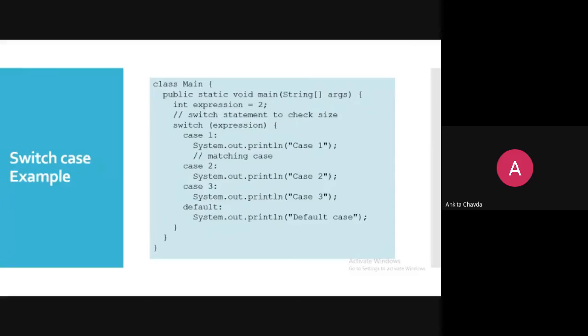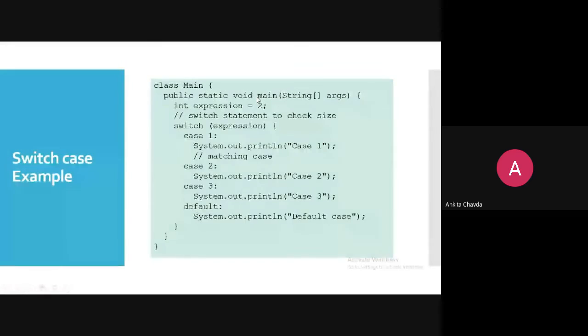And here we'll see one example that if I'm having one class main and that I have taken integer expression equals to 2. And here switch and I'm putting the expression, right? So this choice actually we are taking from the user, right? But right now we are not taking anything from the user. Instead of that, I'm giving the static value right now. Okay.